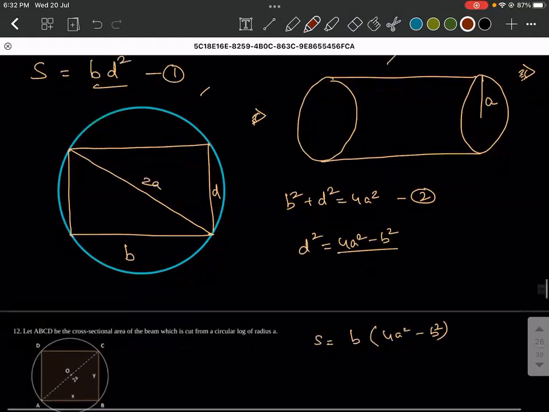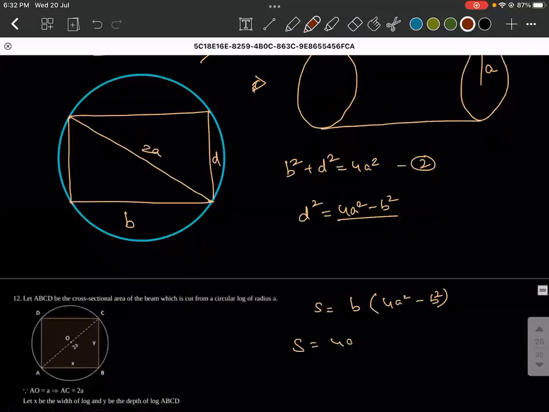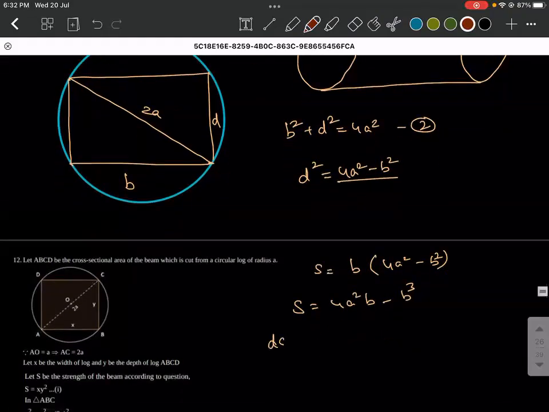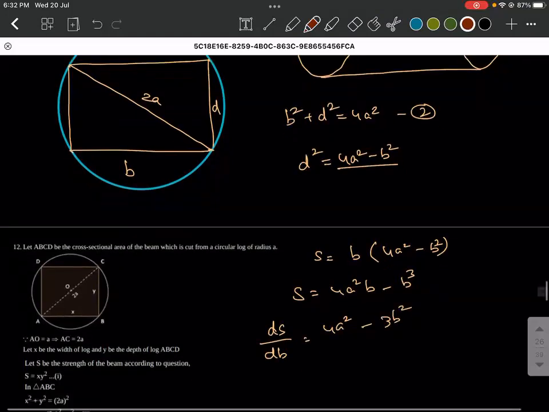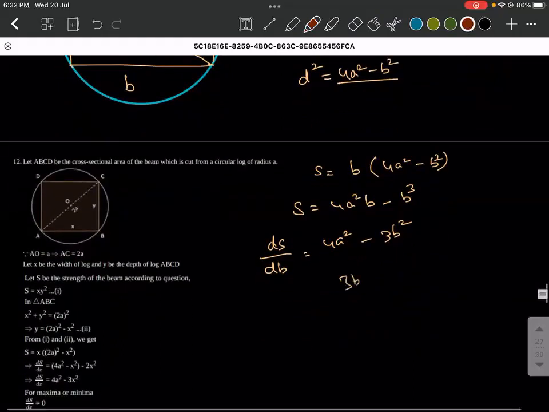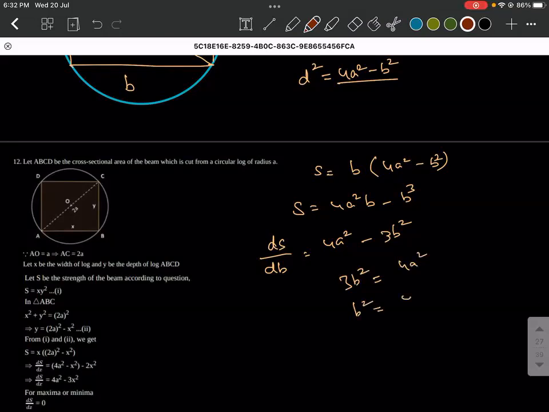So when you solve this, what are you going to get? Here A is a constant. So dS by dB is how much? 4A square minus 3B square. So 3B square will be equal to 4A square, or B square will be equal to 4A square by 3.